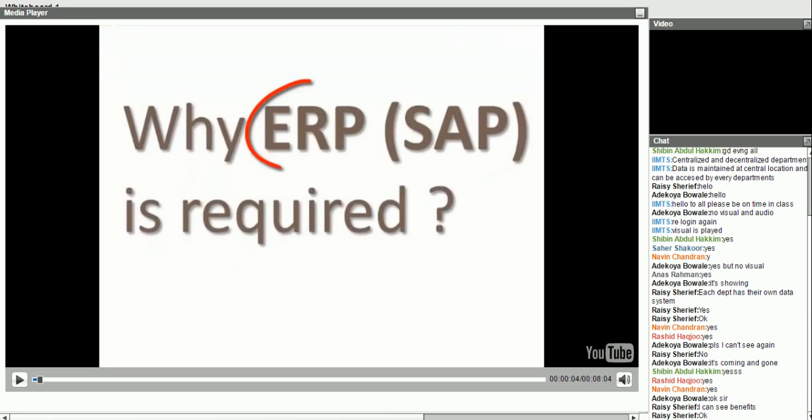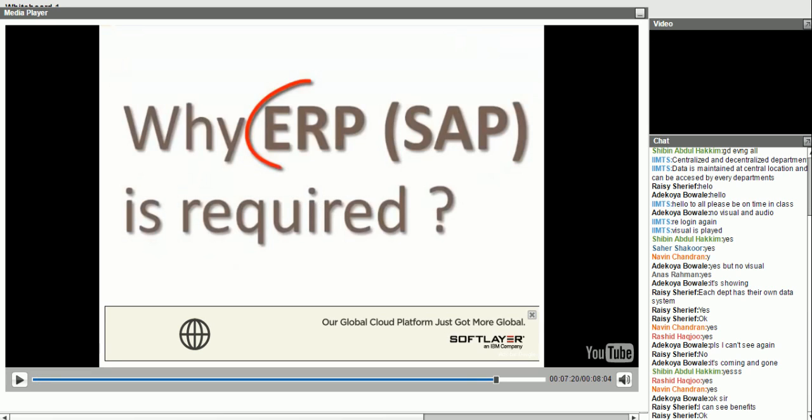Every department will just log into their ERP screen, and from that screen you can put in your request or your data for the respective department. So that centralized system will help you avoid losing business, will save your time, and will remove your redundancy. So that facilitates you in each and every aspect.